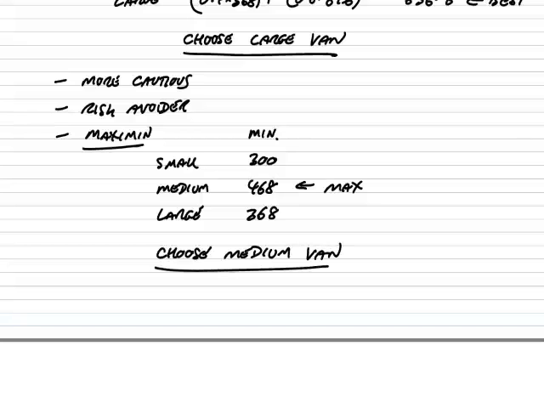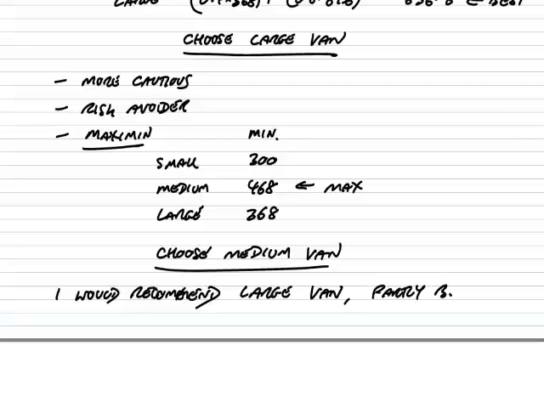Now the question does say discuss which type they should buy, and so it's worth adding one extra line that there is no one best answer, but given that they have always been aggressive, and all right, they've grown more cautious, I think it's good to put a recommendation to say I would recommend large van, partly based on their previous strategy, but also the risk neutral approach.